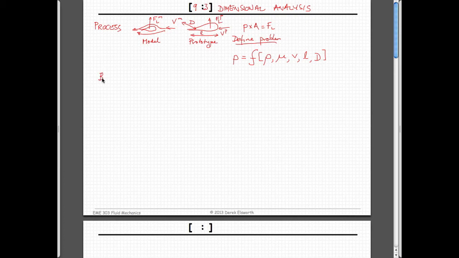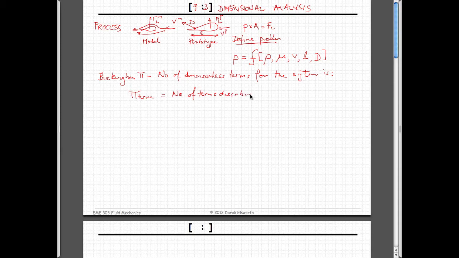So we know from Buckingham pi that the number of dimensionless terms for the system, the pi terms, equals the number of quantities describing the system, and we can have as many of these as you want, but the problem is minus the number of mass, length, and time represented.